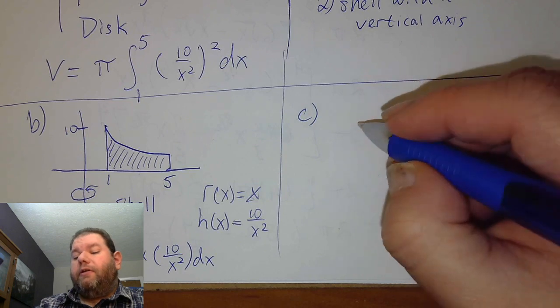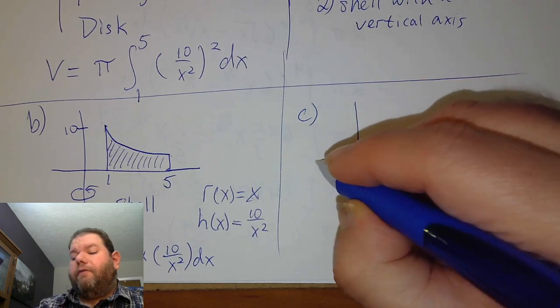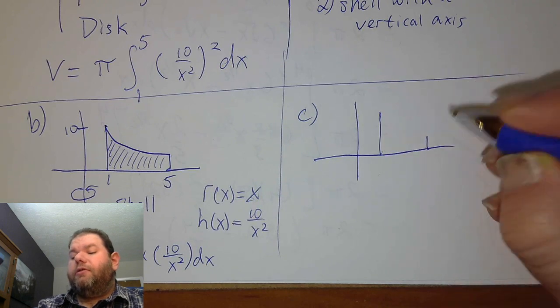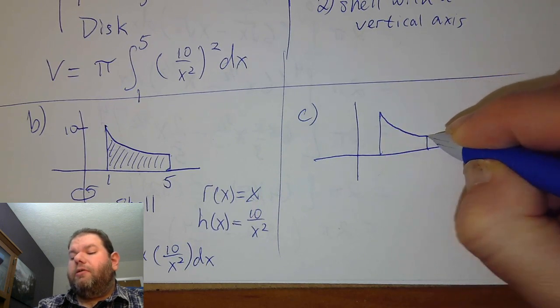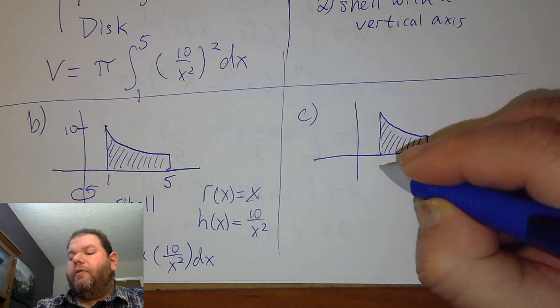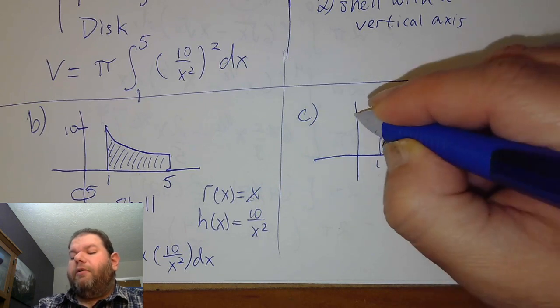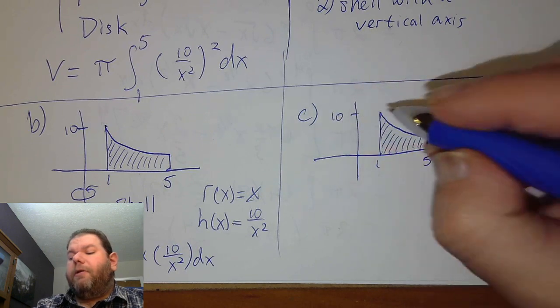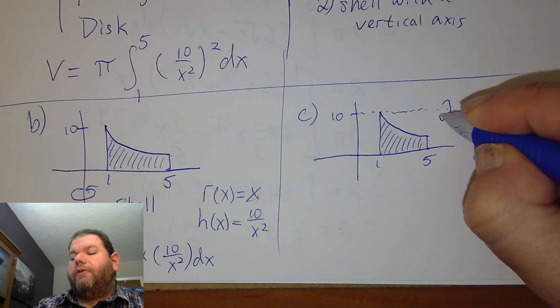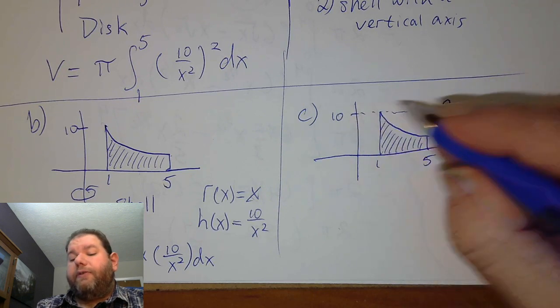Now C, again we have our same shaded region. 1, 5, and this is 10 right here at the top, and this time we're actually using 10 as our axis of revolution, y equals 10.